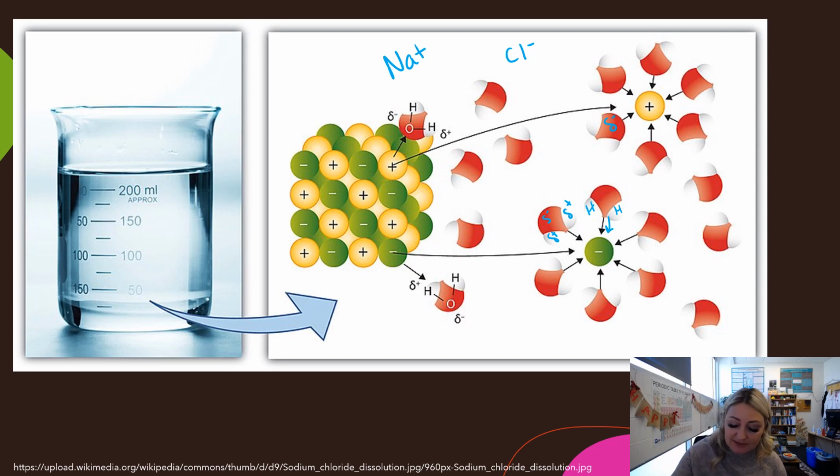We have our slightly negatively charged oxygen atoms that are turning and facing to surround that positively charged sodium cation. So they're creating what we call a solvation shell around those charged particles. They're orienting themselves such that the opposite charges are touching each other.